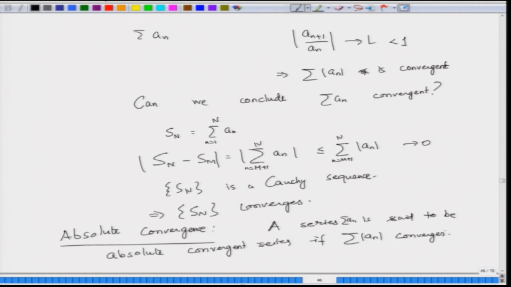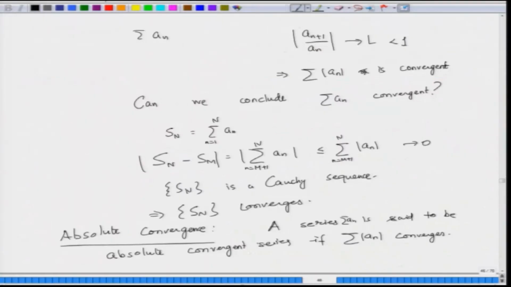We will see that there will be some series which may converge, but may not converge absolutely. Obviously, if a_n consists of non-negative numbers, then there is no distinction between absolute convergence and convergence, because |a_n| is going to be a_n.